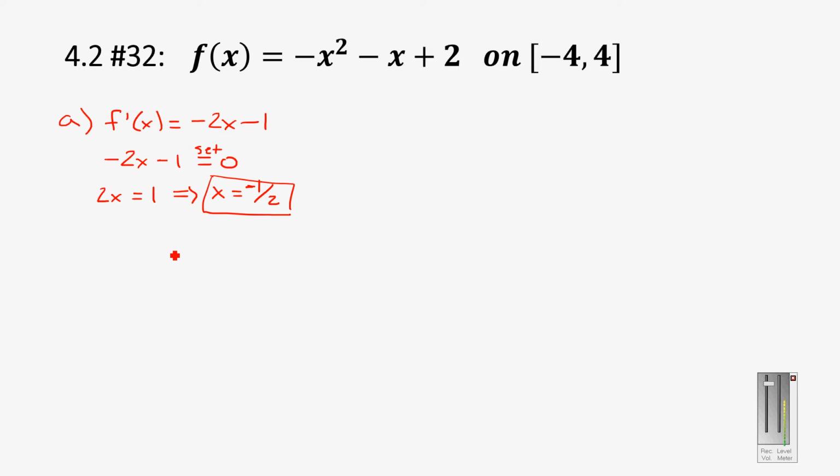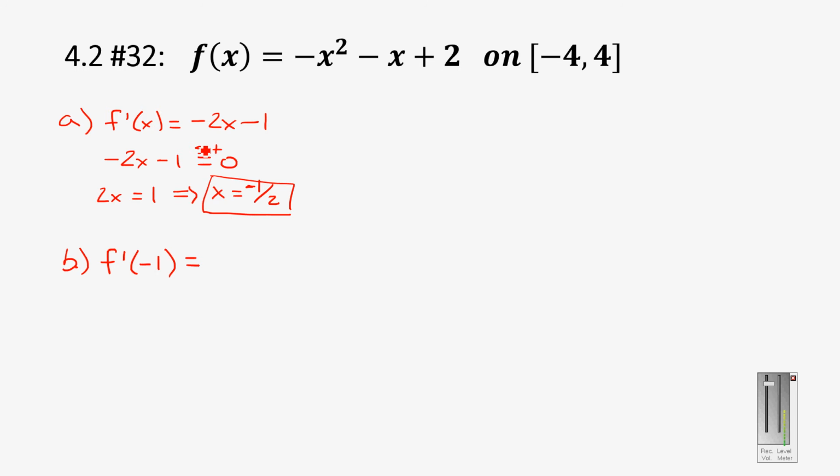So what I like to do now is determine if that's a local minimum or a local maximum. In step B, I'm going to take points near that and determine what the slope is. So I'm going to take f prime of something smaller than that, f prime of negative 1.